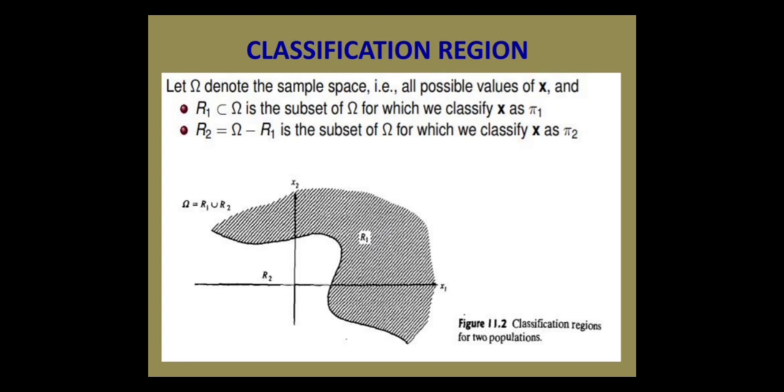The region R1 is here, and the region R2, which is omega minus the region R1, will be the subset of omega which we classify as population 2.